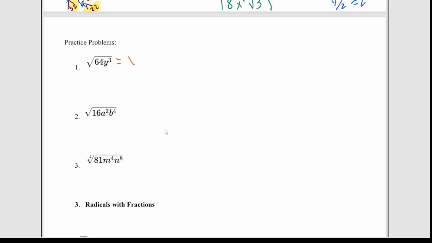So for this first one, I'm going to break this down into the square root of 64 times the square root of y cubed. For the square root of 64, I know that 8 times 8 is going to give me 64, so I'm going to rewrite that as the square root of 8 squared. For y cubed, well, if I do 3 divided by 2, I'll find that that gives me 1.5.